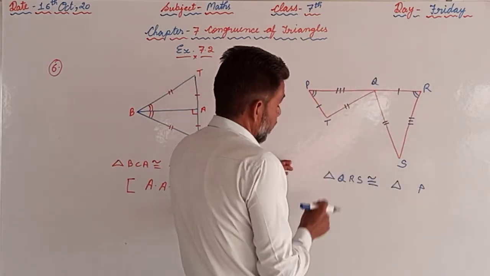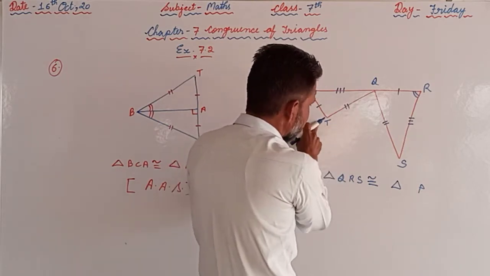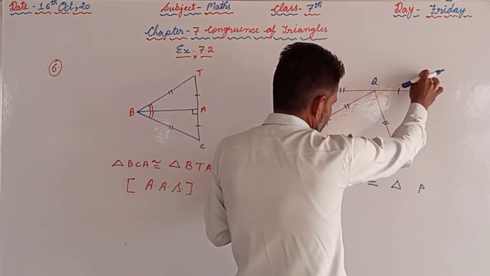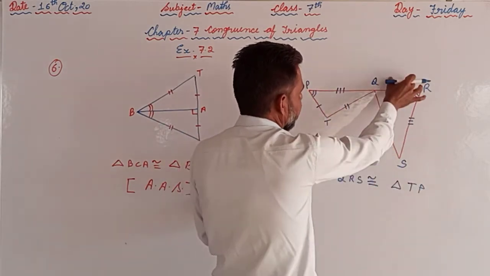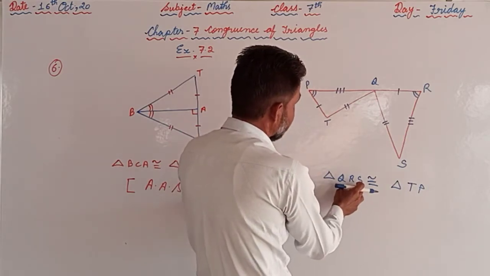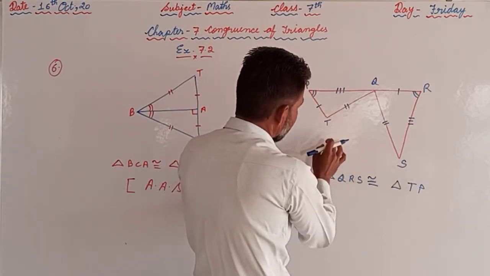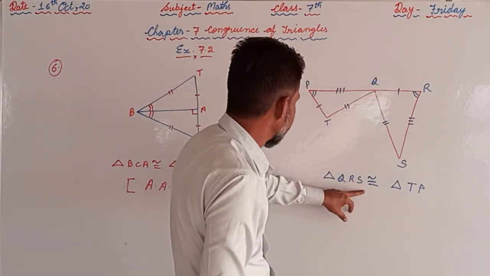Then PT is equal to QR, so T will be here because QR, PT. Then S is remaining this side, and here this side, which part is remaining? QRS.